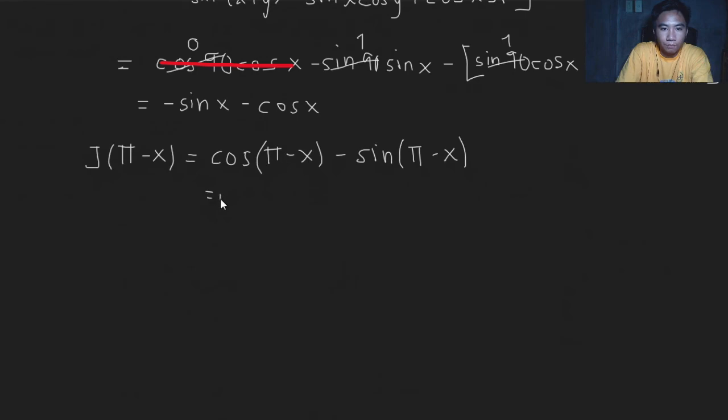So, from cosine x minus y, or sige, gamitin na lang natin itong pi minus x. Pi minus x is equal siya sa cosine pi cosine x plus sin pi sin x.